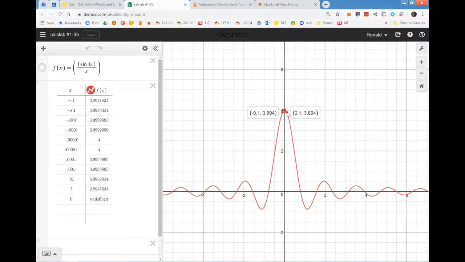Then over here we've got positive 0.1, and then here, of course, positive at 0.01, and you can see we're getting closer and closer to 4. So the limit of this truly is 4. Even though at 0, you cannot divide by 0. So there's a hole, even though you can't see it, right up there at the apex. Do we have a limit? You bet. Why? Because the left-hand limit and the right-hand limit agree.